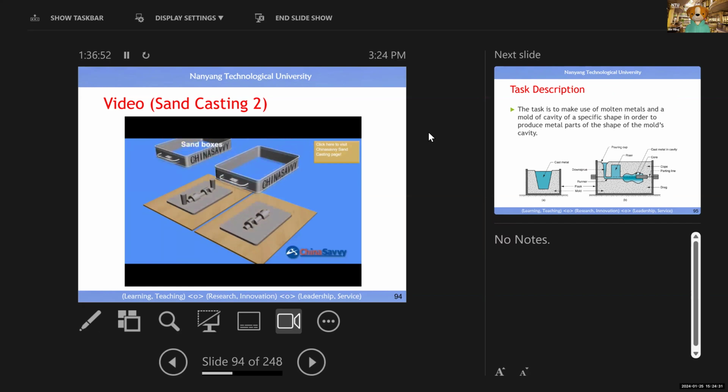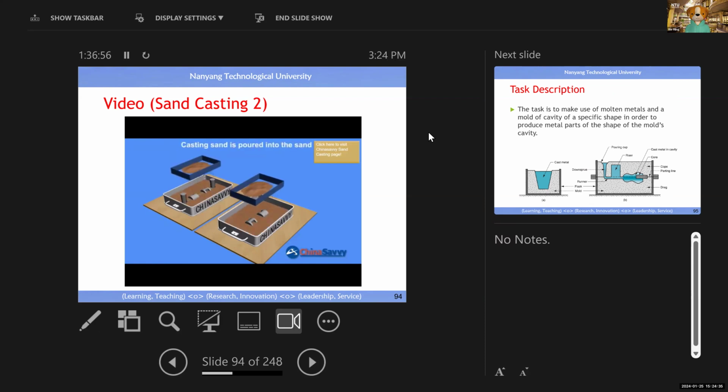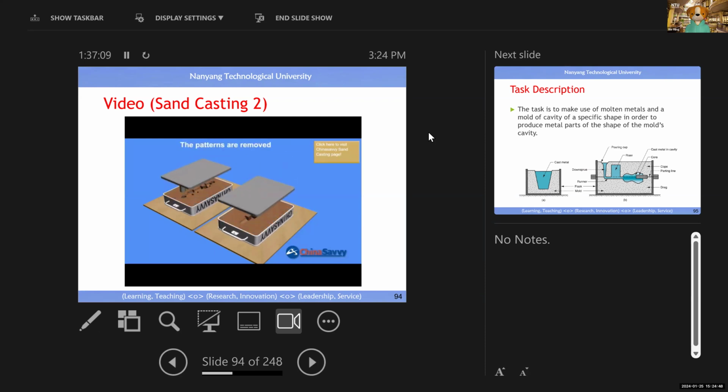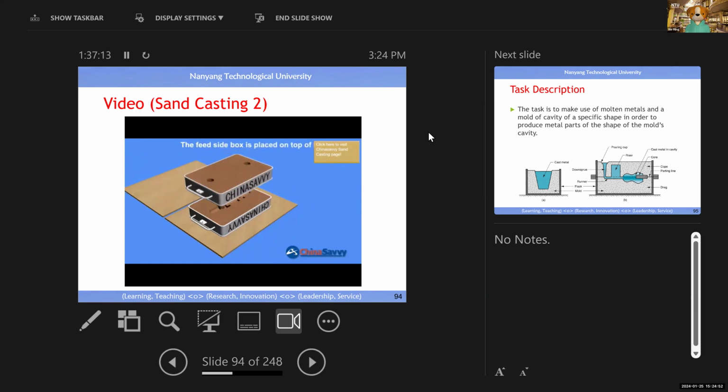Okay, I guess we can skip this part. Similar to the previous one, one way. We use the download product to give the inner cavity inside, right? Okay, simply the cavity inside the die.